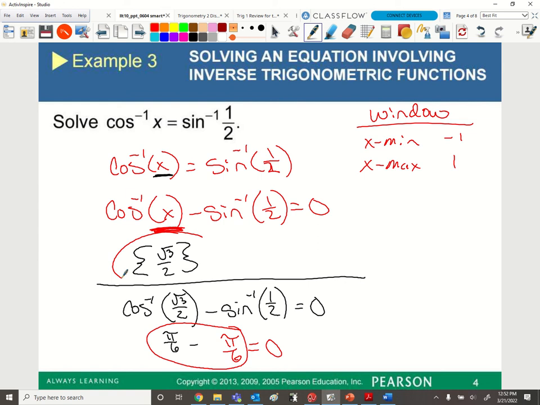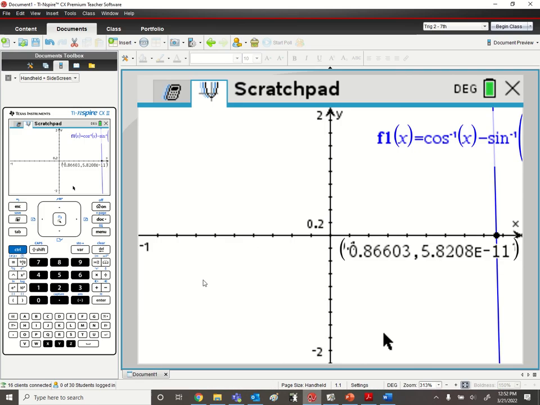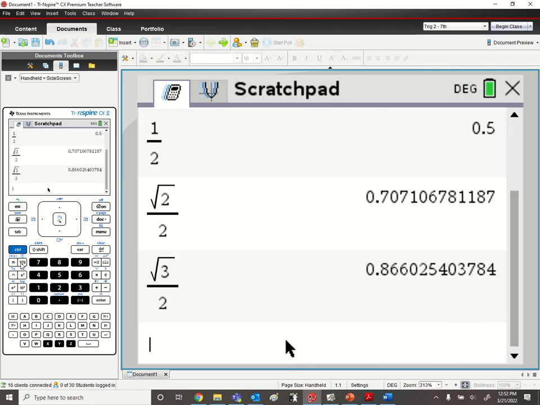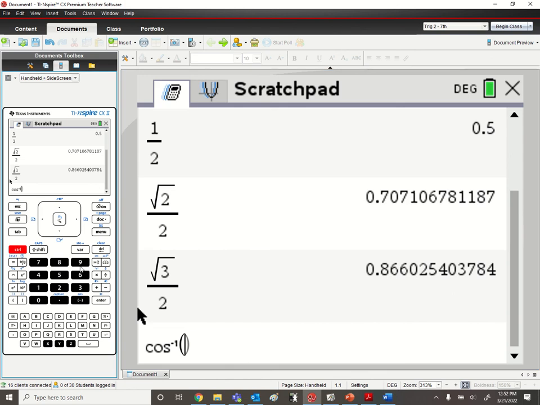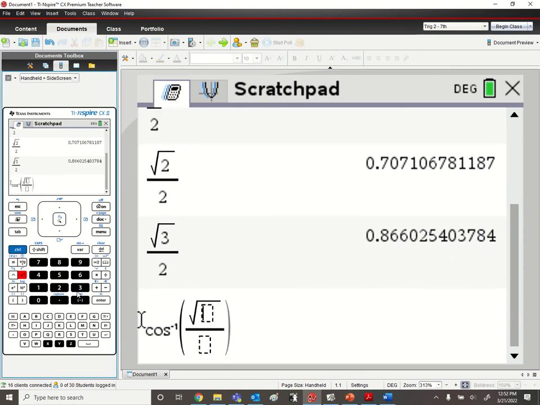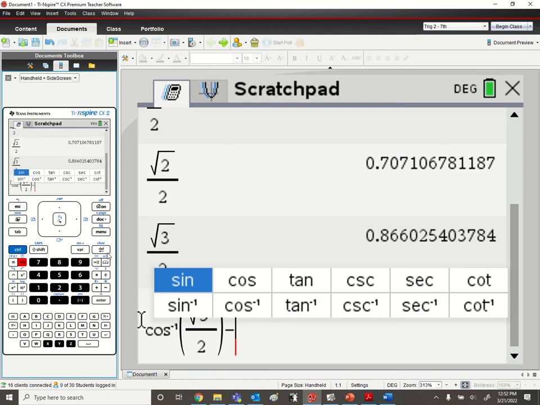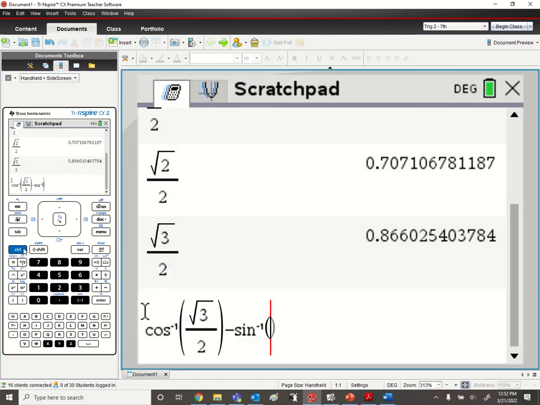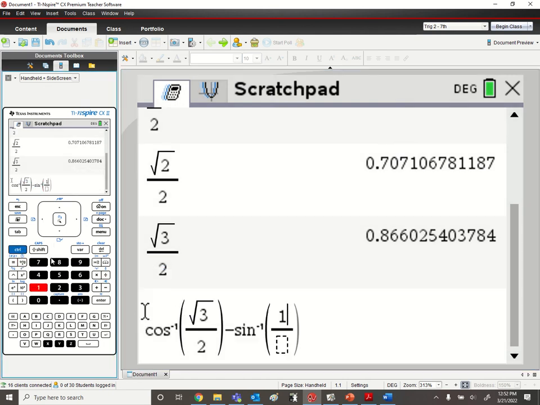So let's see what the calculator says about the same thing. I don't know why that doesn't work. Okay. So calculator says arc cosine rad 3 over 2 close minus arc sine of 1/2.